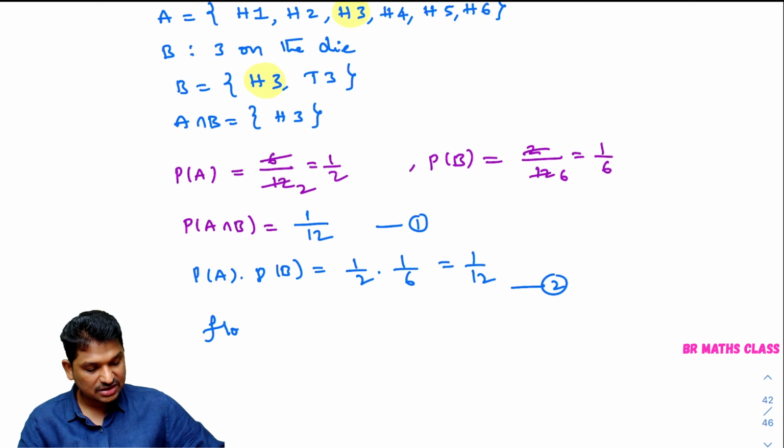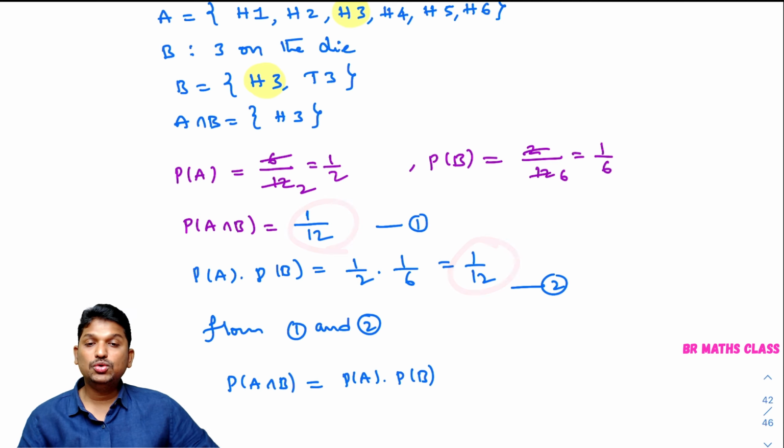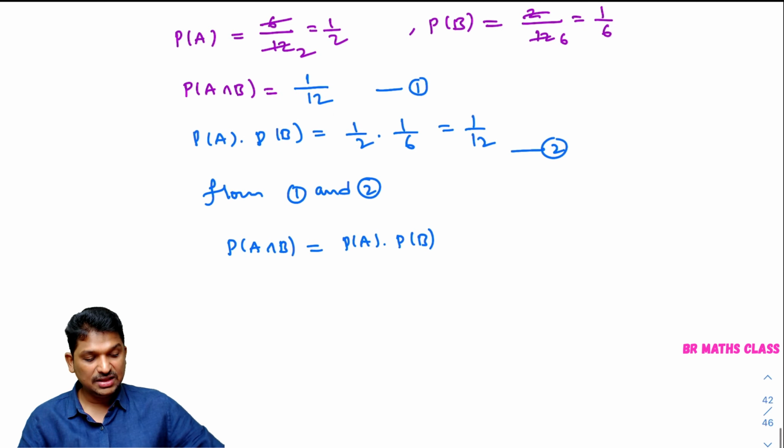So what I can write here, from 1 and 2, I can say that probability of A intersection B equals probability of A into probability of B, because we got 1 by 12 for both. So when you get like this, what can you say? We can say that the events A comma B are independent events.